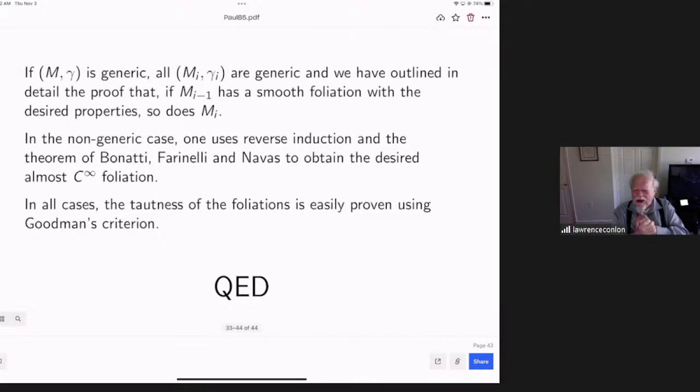It's probably not true that his construction without any modifications produces something isotopic or approximating in some reasonable sense the foliations I'm talking about. This is a way to modify Gabai's constructions to get smooth foliations.